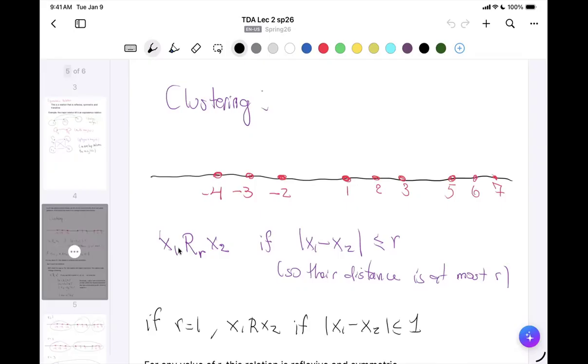So the fix to the equivalence relation is that, to make it transitive, you just allow for chains to take place. Meaning that 2 points or 2 members are related if you can connect them with a sequence of points, like a path, where between any 2 elements the distance is at most 1.